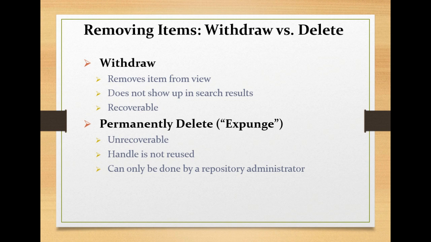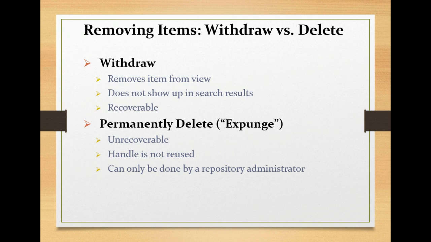But when we go for permanent deletion, that is the expunge option, it cannot be recovered, and the handle ID is also not reused. It can only be done by the repository administrator. Everyone cannot do this.